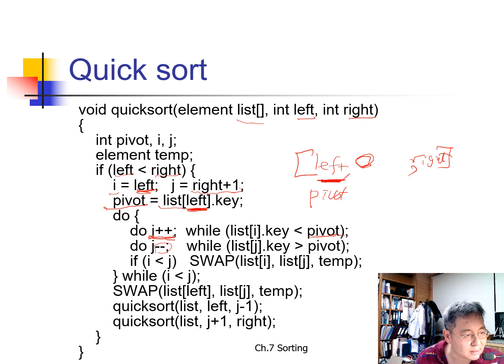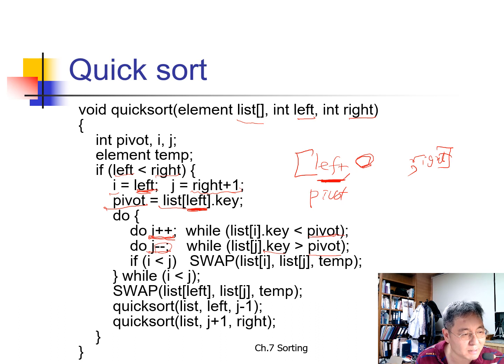And J minus minus means we decrease the J value by 1 until the key value is not greater than the pivot. That means if we meet a key value smaller than the pivot, we stop there.